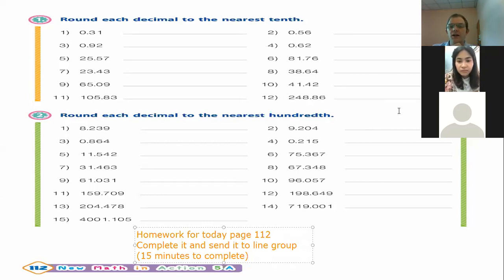It counts for 30 marks. Some I will give 2 marks. So it counts 30 marks. That's a lot of marks for your final mark. So if you want to pass your mathematics and get good marks, I suggest you start doing this homework now. Take your time, complete the homework, and send it to me when you're finished.